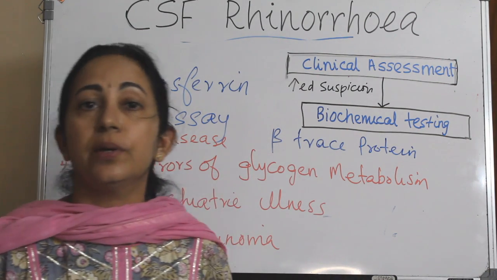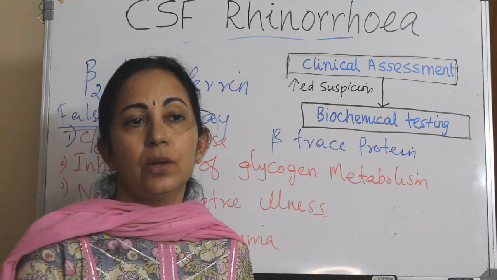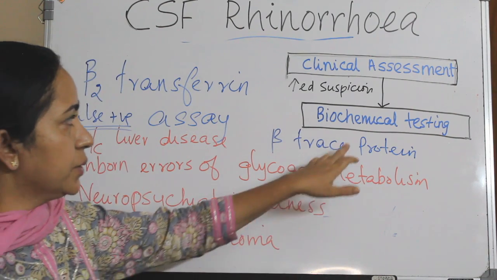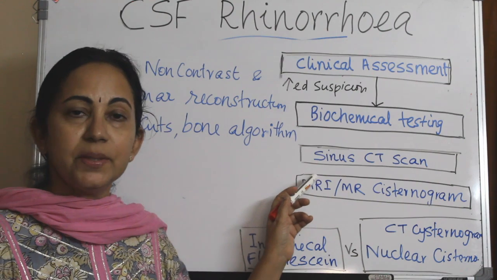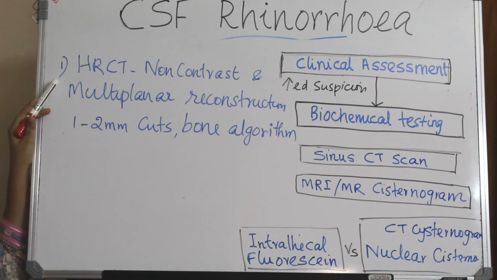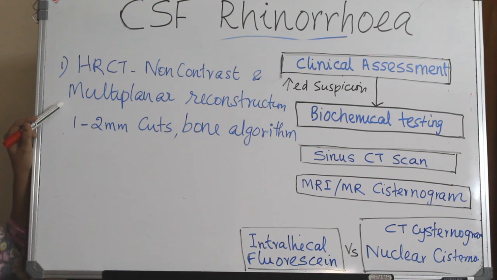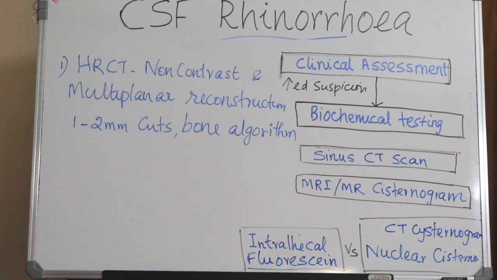Either you have confirmed your diagnosis or there is a persistent clinical suspicion. You can go with the imaging. So in the algorithm, next is imaging studies. And in the imageology, the CT scan, that is high resolution CT scan, which is non-contrast and in multiplanar reconstruction, is highly reliable. Earlier we were taught doing a CT scan, CT cisternogram.